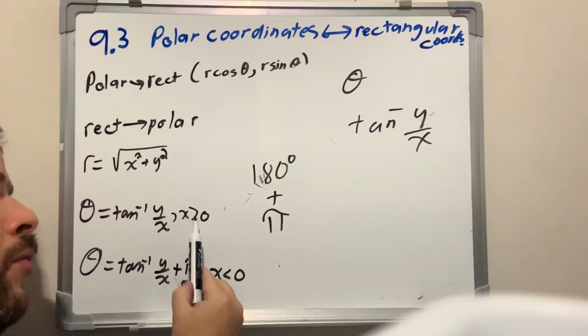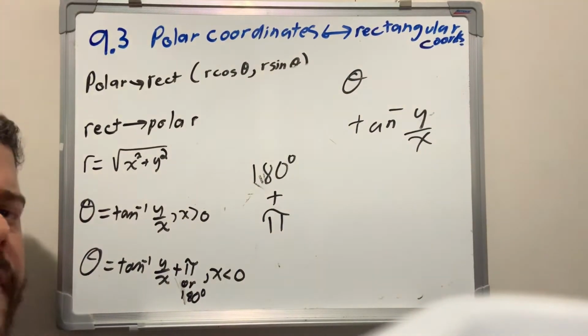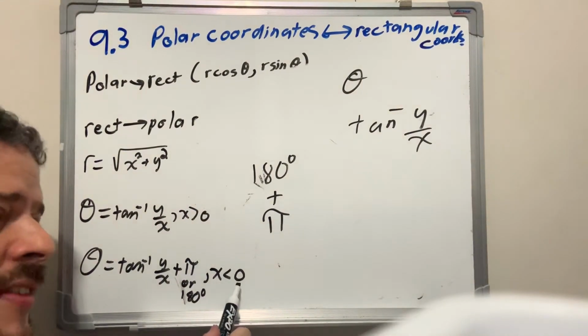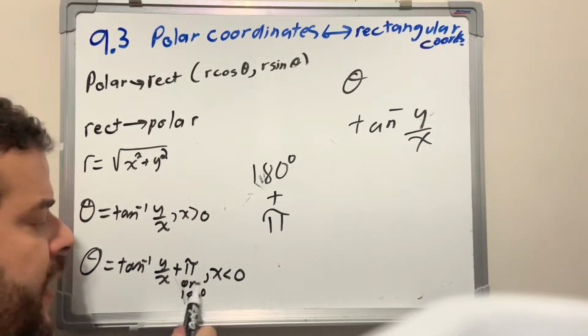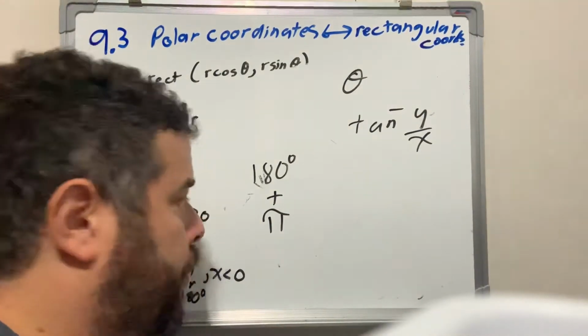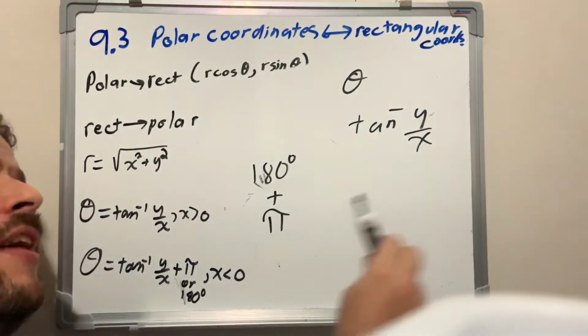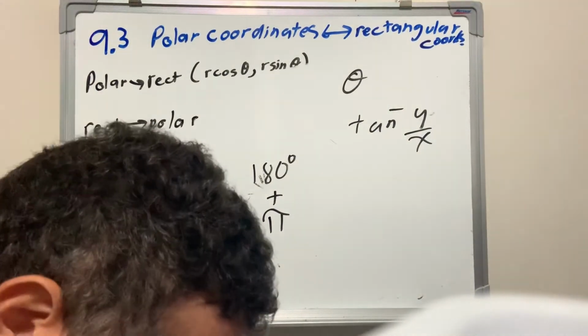If your x is greater than 0, just do normal inverse tangent to find the angle. Nothing needs to change. If your x is less than 0, so negative, you're just going to add 180 or pi, depending on whether you're given degrees or radians, to your y over x, and then you're going to find the inverse tangent of that. Okay?